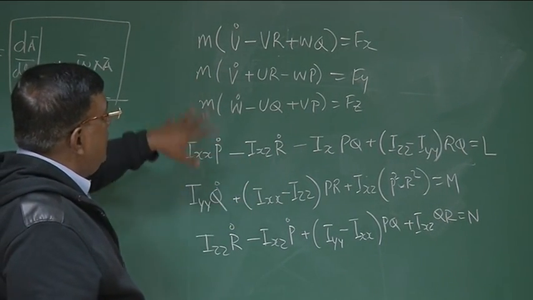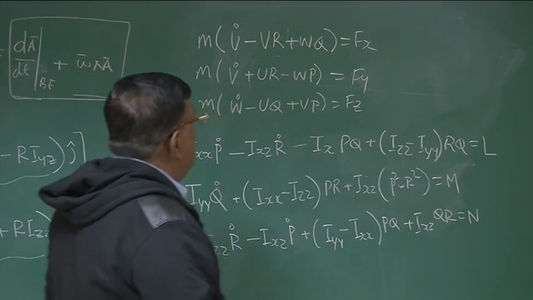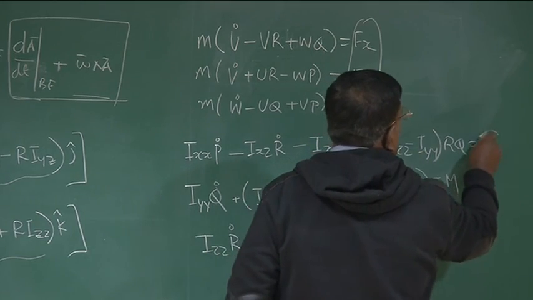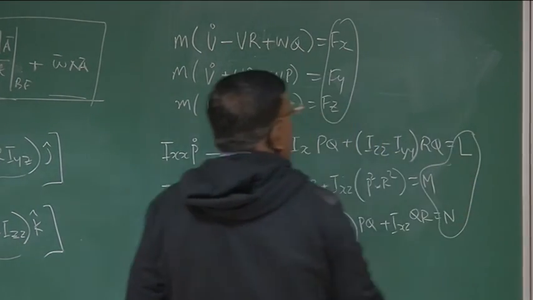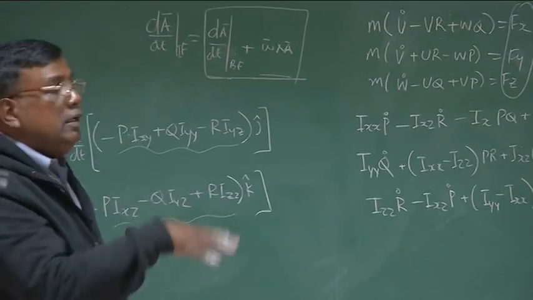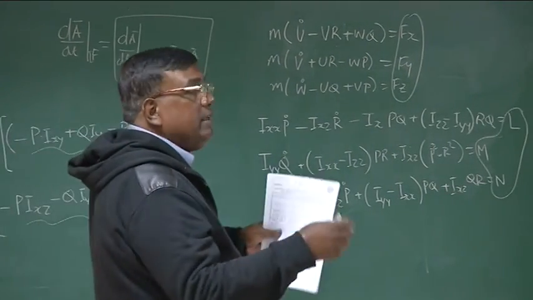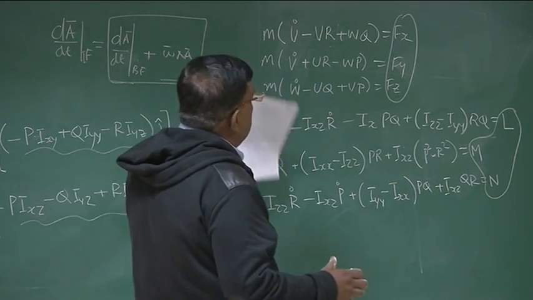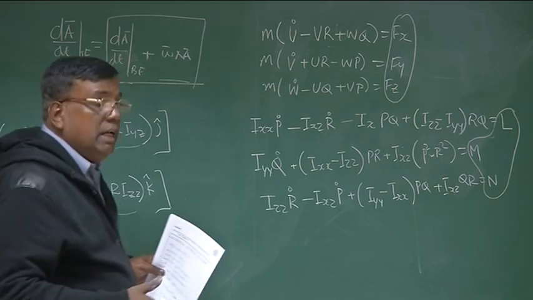So we have got explicit equations. We need to know what these Fx, Fy, Fz are, what these L, M, N are, and how they vary when an aircraft is disturbed, either in terms of orientation or in terms of external conditions. When you understand this, we will be able to do justice to our stability analysis.